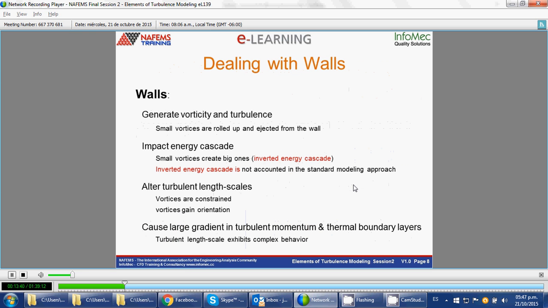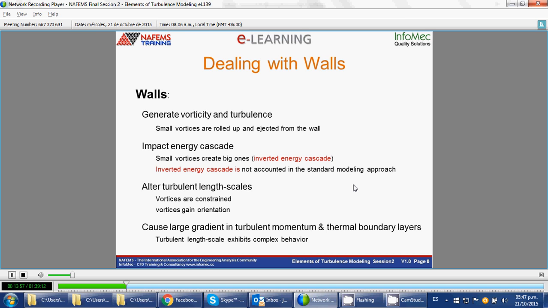One of the issues we deal with in turbulent flows is, as I mentioned early on, wall-bounded flows.